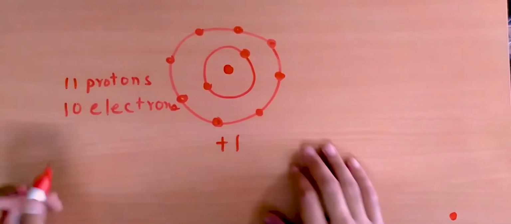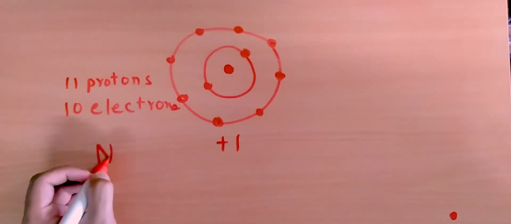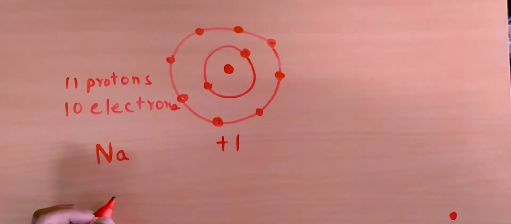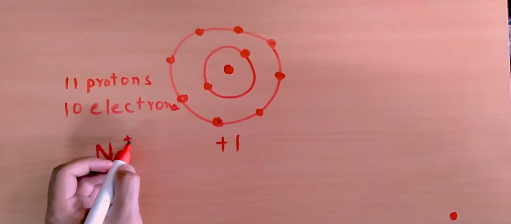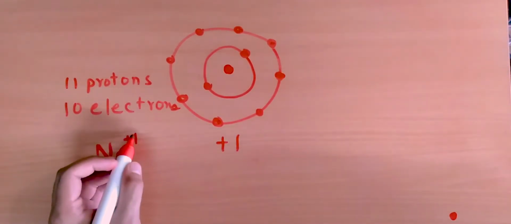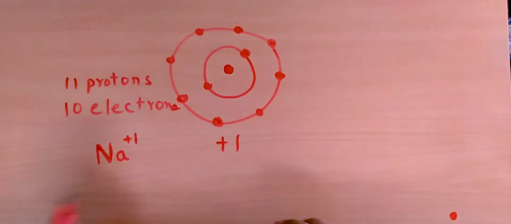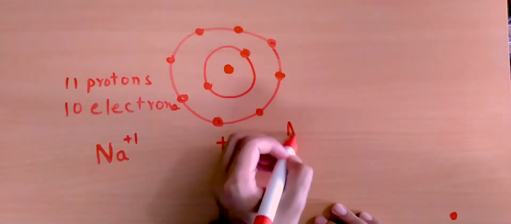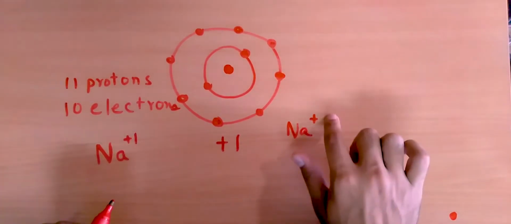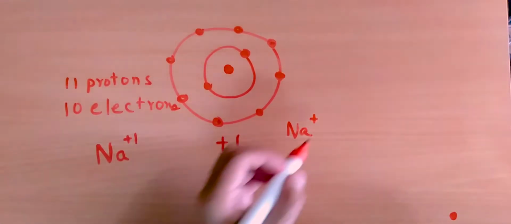And how do I write that? Well, I can simply write the symbol here. This is sodium, Na, and I can just write a plus 1 there. Sometimes we just tend to remove the 1 there, and you can only write a plus sign, which simply says, even if I write it as Na+, it simply means that it is Na+1. We just sometimes tend to not write that 1, but if there's a 2, we write the 2 there.